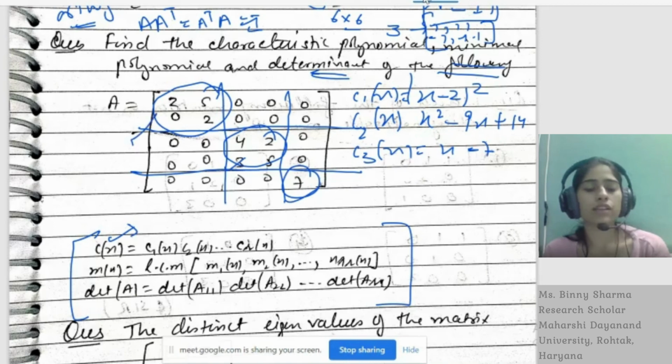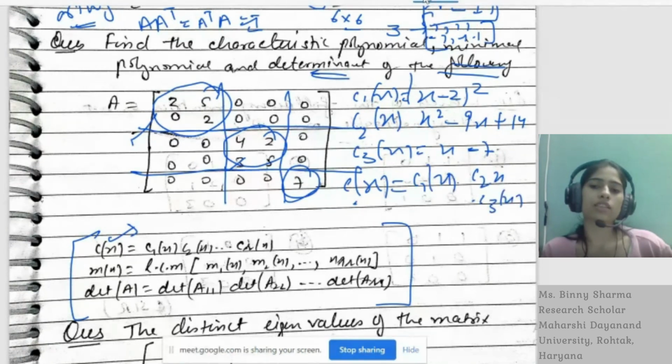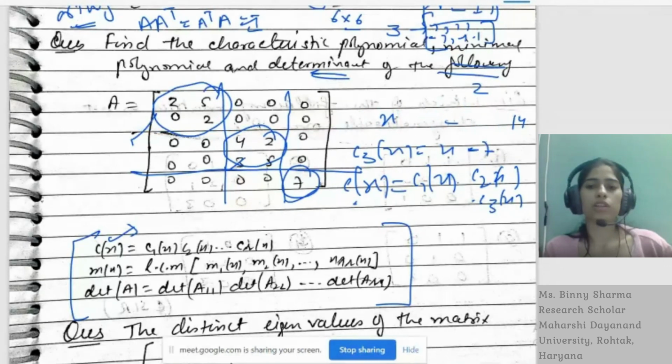Just find the characteristic polynomial of each block. Now C(x), the characteristic polynomial of A, is given by C1(x) into C2(x) into C3(x). Now we have to find the minimal polynomial.